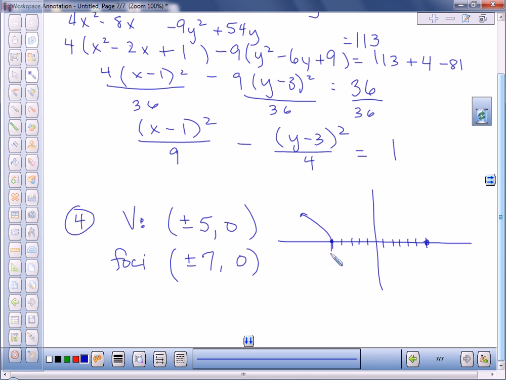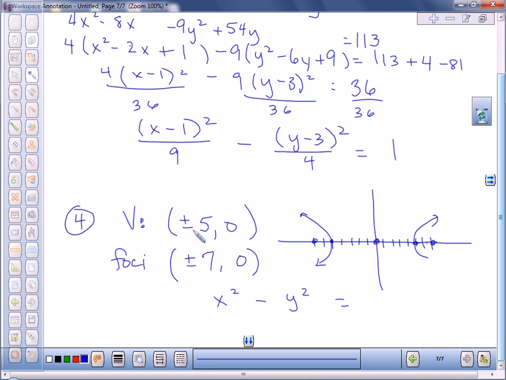I kind of like these problems. It makes sense. Okay, now the foci are here. So we know the x squared is going to come first, and then the y squared will be subtracted from it. And we know the center is at 0, 0, because what's halfway in between negative 5, 0 and positive 5, 0? 0, 0. So I didn't have to do anything with that.